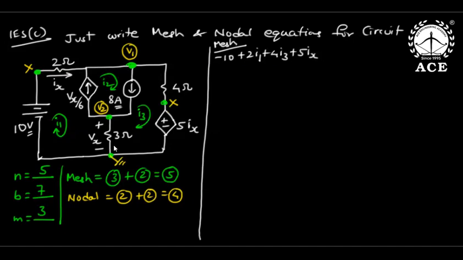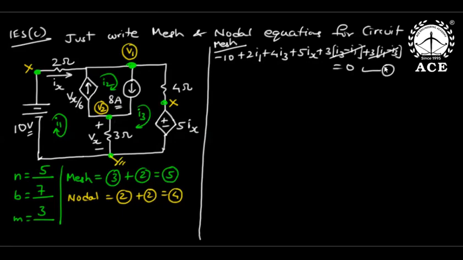Actually it is 3 into (i3 minus i1), but again current source super mesh, go here, 3 into (i1 minus i3), it doesn't matter. Waste of writing. So only the KVL for the double super mesh: minus 10 plus 2i1 plus 4i3 plus 5ix is 0. That is equation 1.